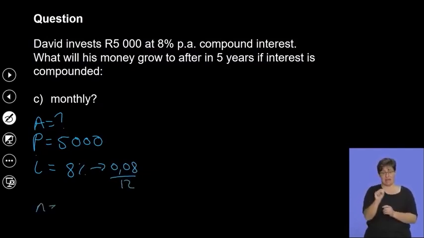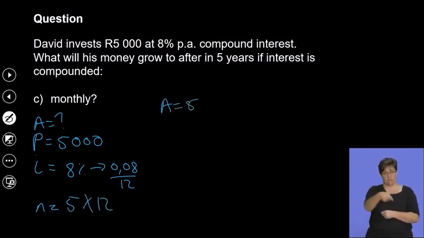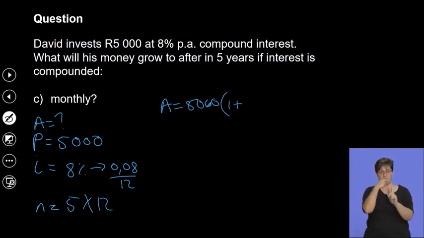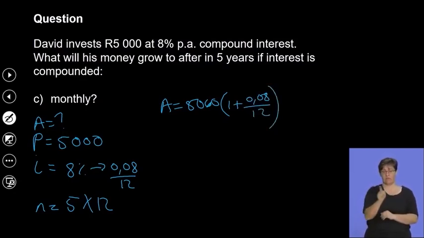And then my N will be equal to 5 multiplied by 12. Then on the formula, this is going to be 5,000 into 1 plus 0.08 divided by 12 to the exponent of 60.